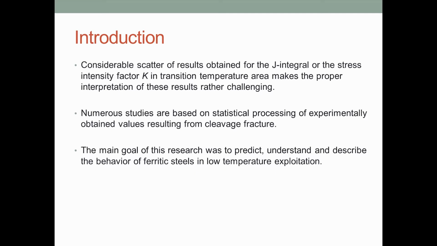Let's say a few words as an introduction on this subject. It is well known that the material characteristics, especially the toughness, change with increasing or decreasing temperature, which means that depending on the test temperature, the same material may exhibit both plastic or brittle fracture or failure.